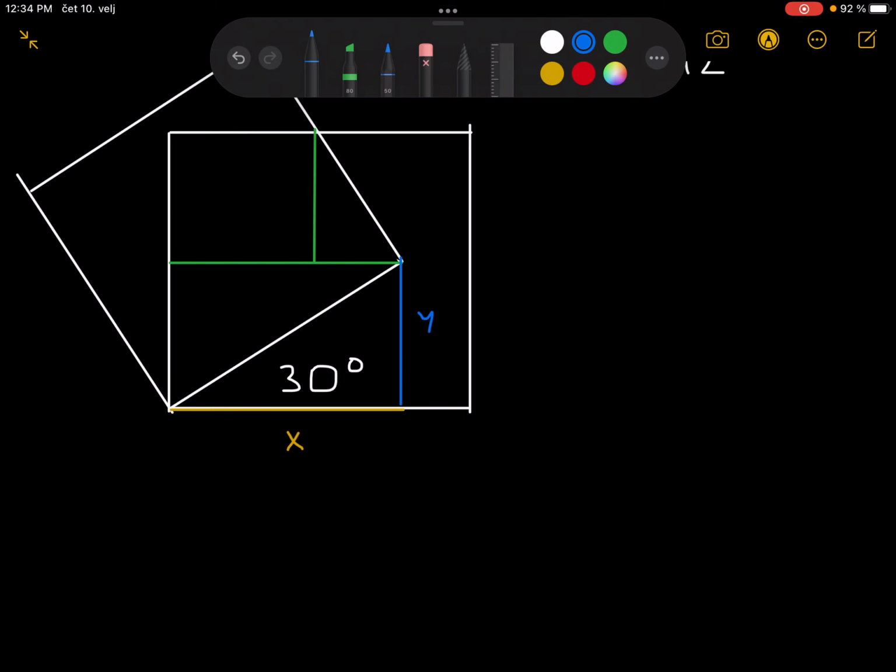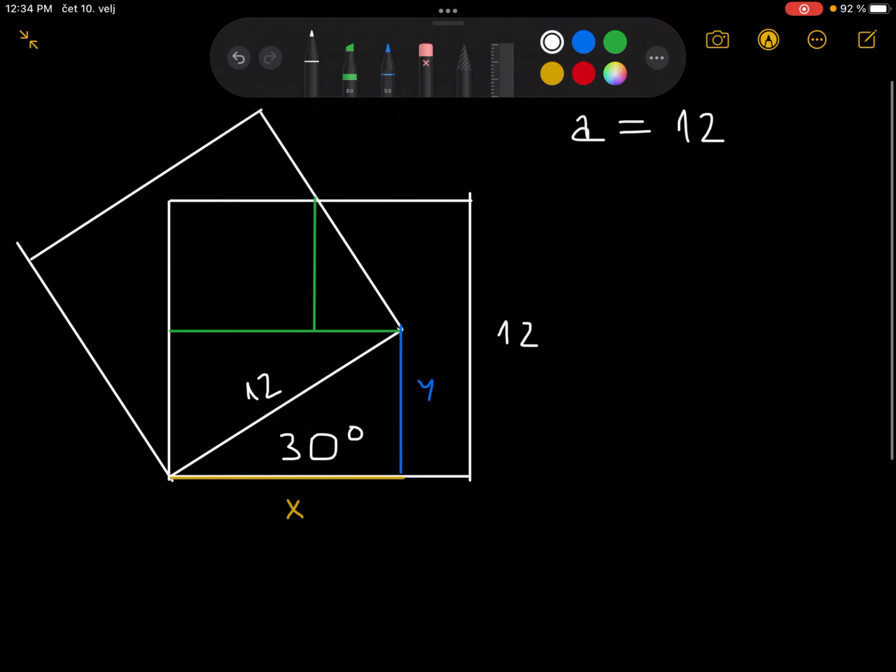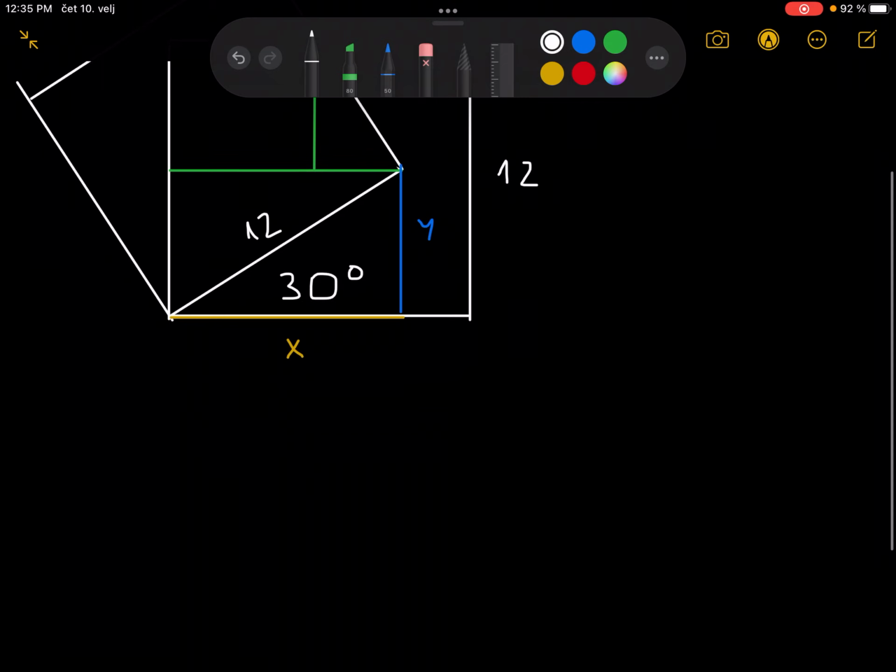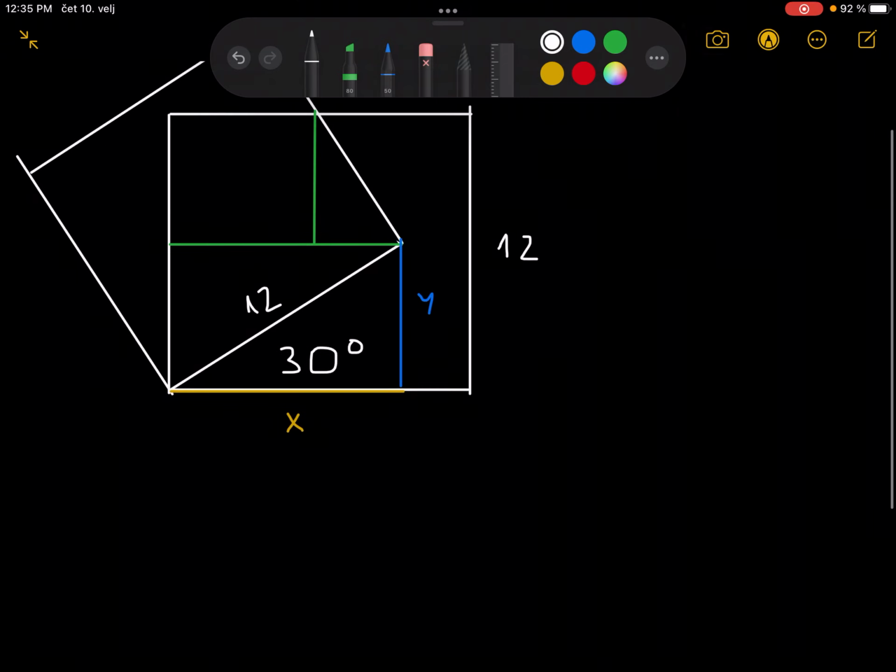Since this side right here is equal to a, or 12, I'm just going to put down 12, and this side right here is also going to be 12. Why? Because they're the sides of squares with a side length of a equals 12. So let's just go ahead and compute these x and y values first.